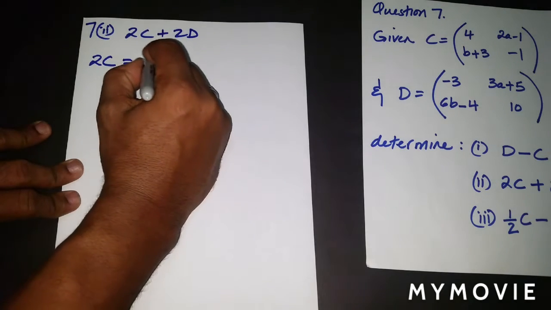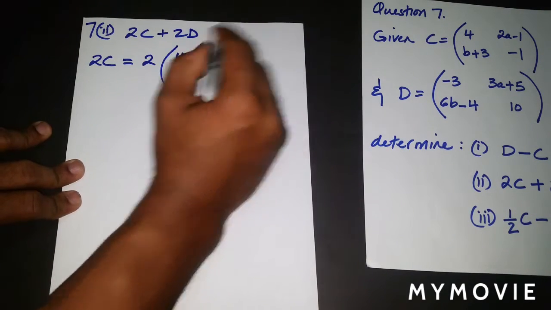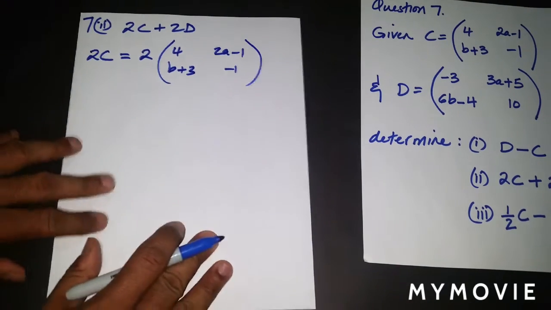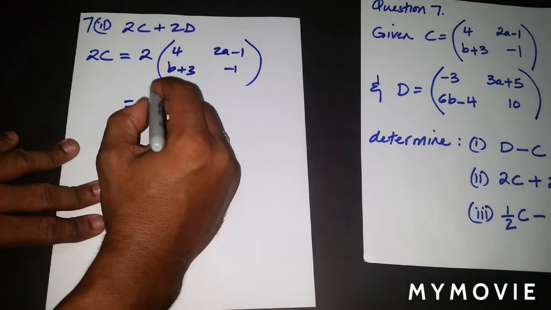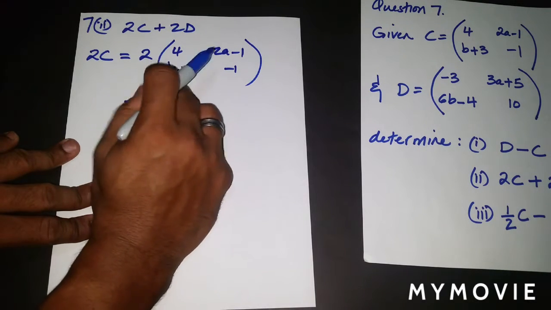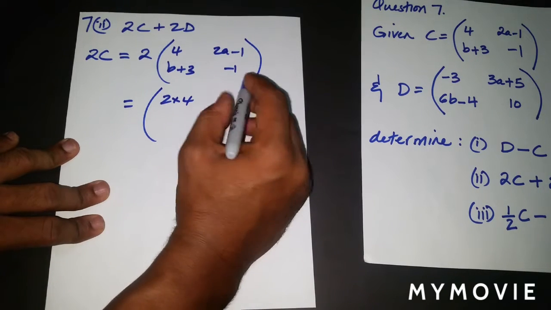2C means we're multiplying matrix C by 2, and matrix C is 4, 2a minus 1, b plus 3, and minus 1. I recommend that you ensure you do this step, because some of you tend to multiply only one piece by the 2 and leave the other piece untouched, which is bad.